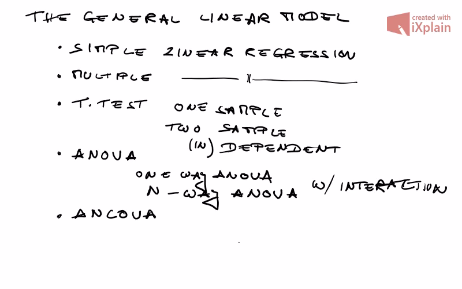Yeah. Okay, so basically all these things, Anova, t-test, multiple linear regression, simple linear regression, and their different forms, things like repeated measures Anova, and so on, are all basically special cases of the general linear model.